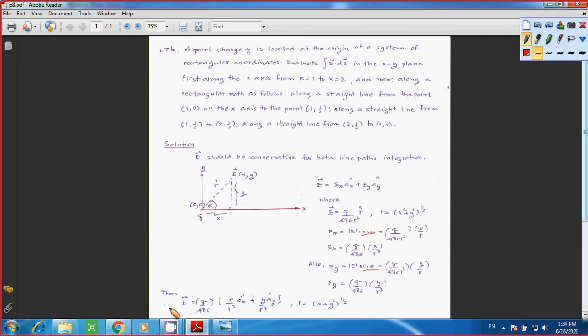So in the complete form, our electric field does have x and y components. Your Ex is going to be Q over 4 pi epsilon multiplied by x over r cubed.